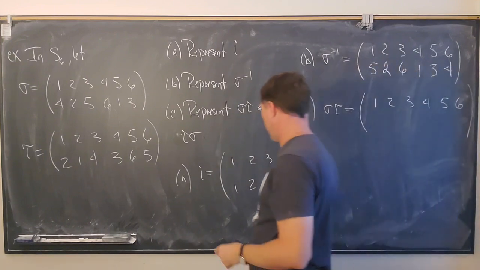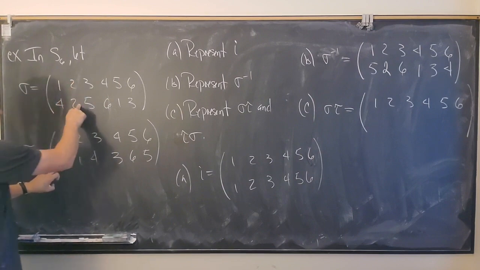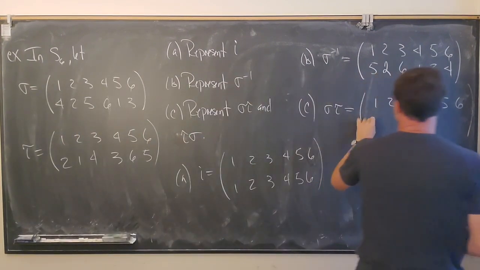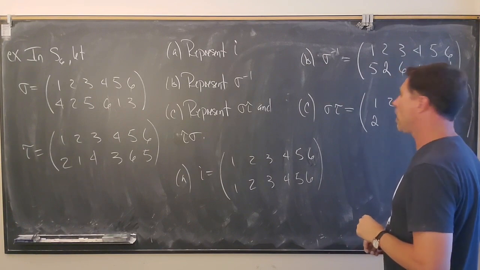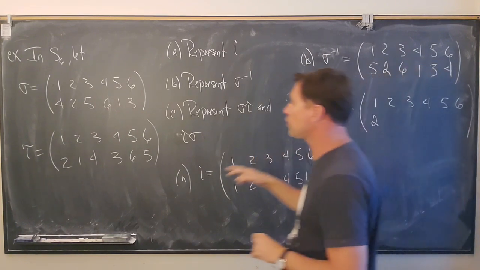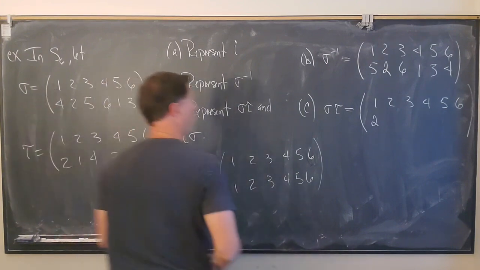Okay, so for 1, tau of 1 equals 2. Sigma of 2 equals 2, so sigma tau of 1 equals 2. Tau of 2 equals 1. So we do tau first, we get a 1, and then 1 goes to 4.